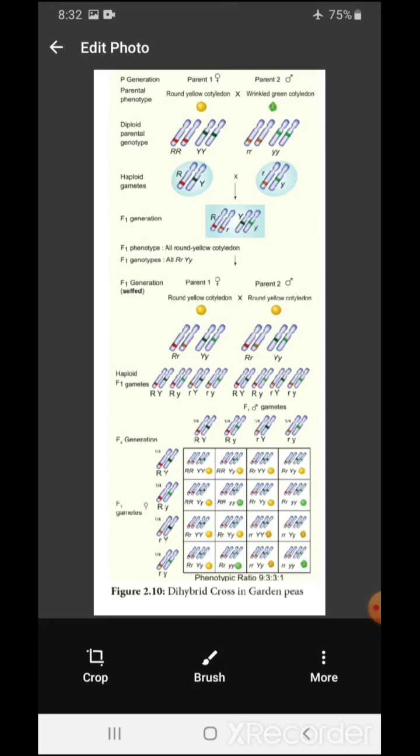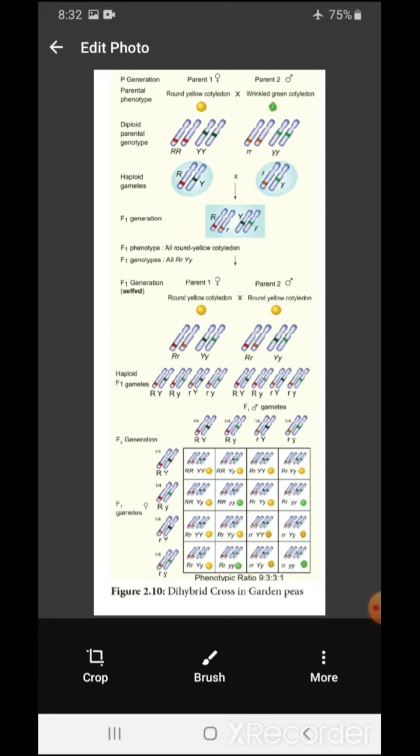The genotype of the round yellow cotyledon is capital R, capital R, capital Y, capital Y, for the dominant characters, whereas the wrinkled green cotyledon is for parent two, the male.